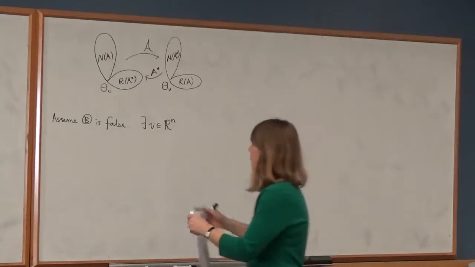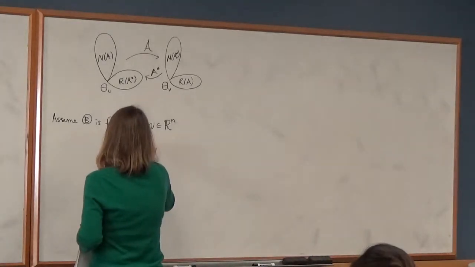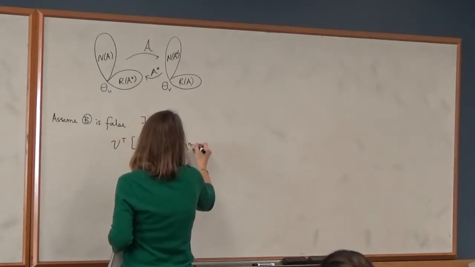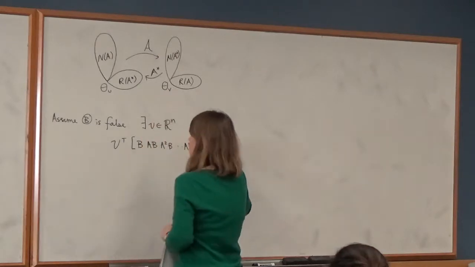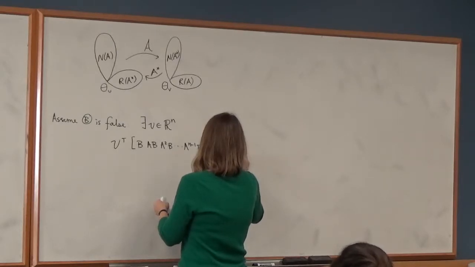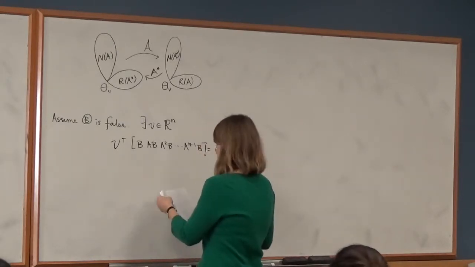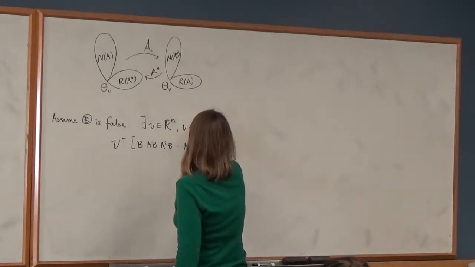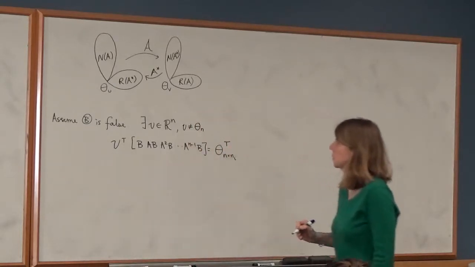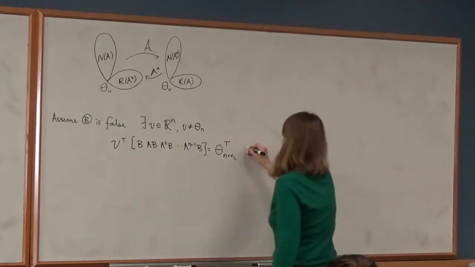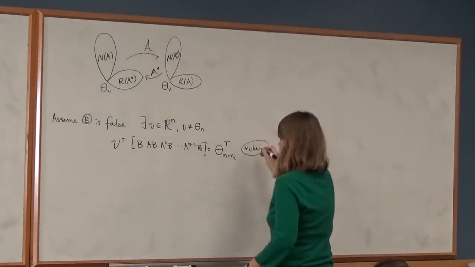Okay, so I can write that as V transpose times [B, AB, A squared B, up to A to the n minus 1 B] equals 0, the n times ni dimensional 0 transpose, and V is not equal to 0. So there's some non-zero vector which is in the left null space of that matrix, if that matrix has rank less than n. Check why that's true as an exercise.